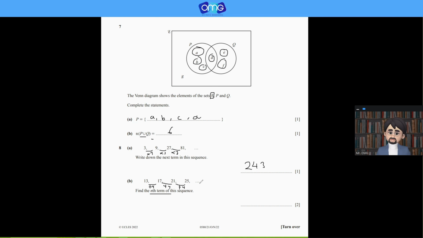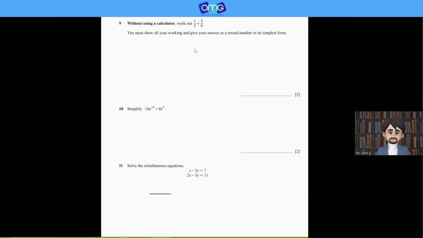So this is basically an arithmetic sequence. Multiples of 4 are 4, 8, 12, 16 and so on. So the multiple of 4 is 4n, and then plus 9. So that's the answer.